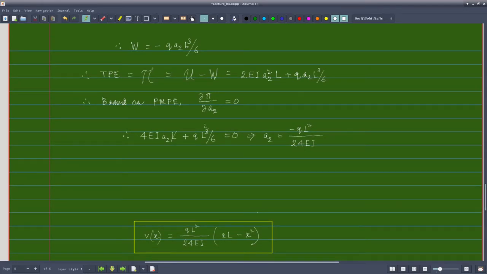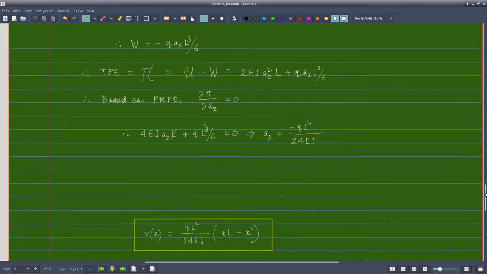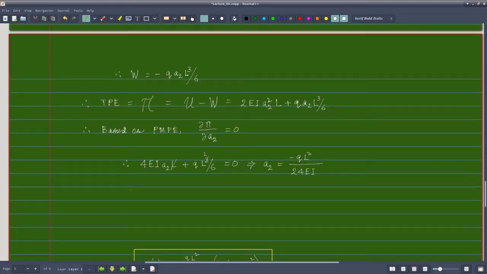And therefore my Vx is this ql square into x minus, okay, let me put it.